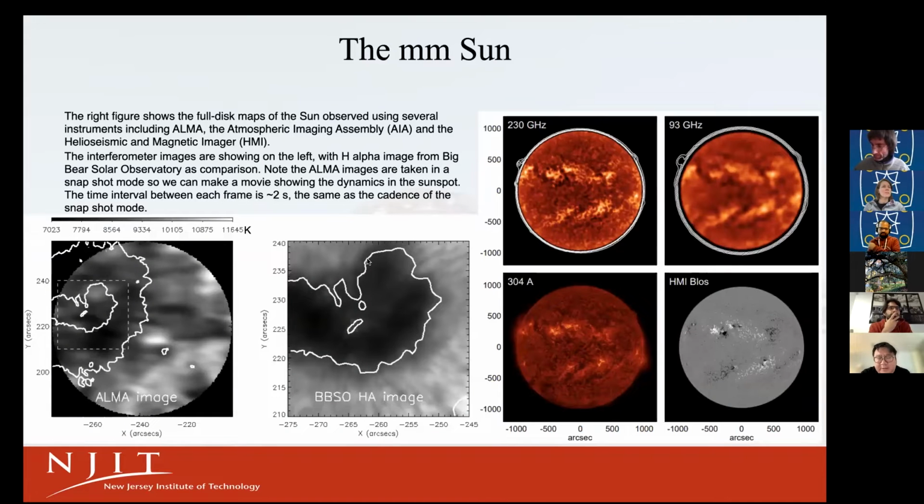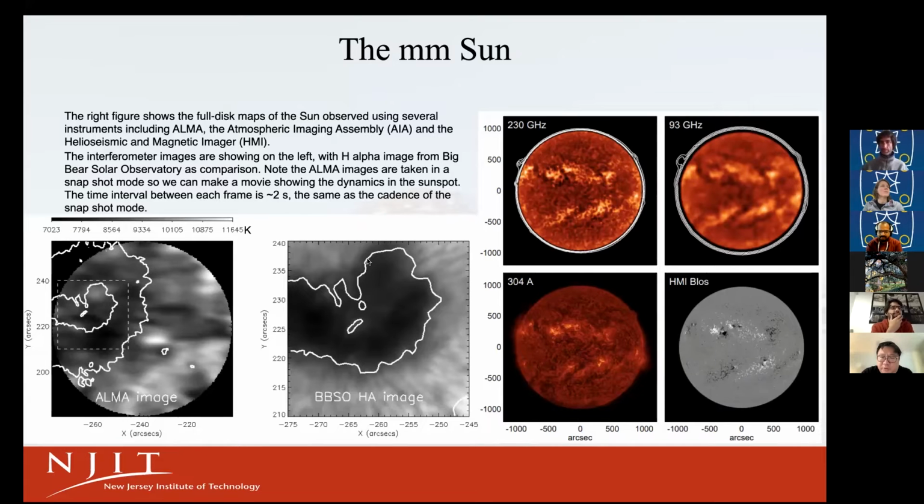But first, since most of you are not familiar with observing the Sun using ALMA, I want to first show the millimeter Sun, basically the Sun observed using ALMA.